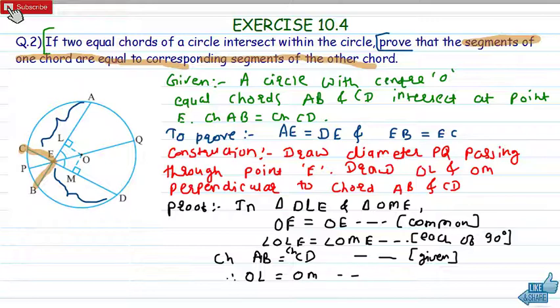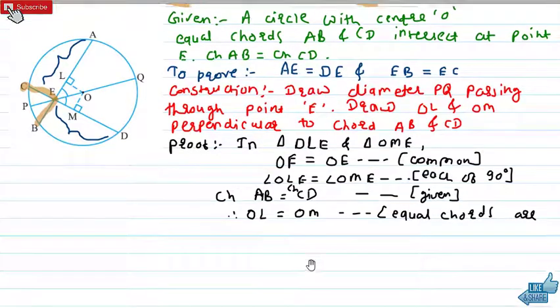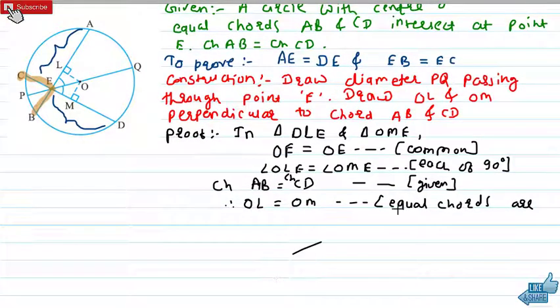The reason behind it: equal chords are equidistant from the center of the circle.